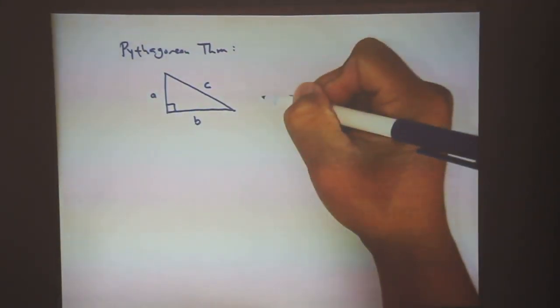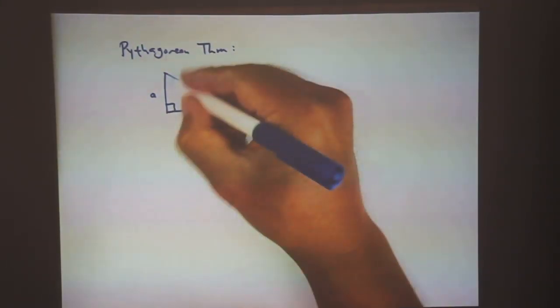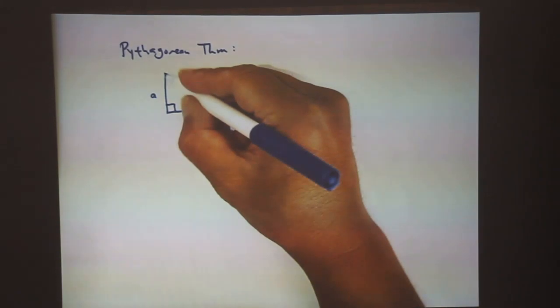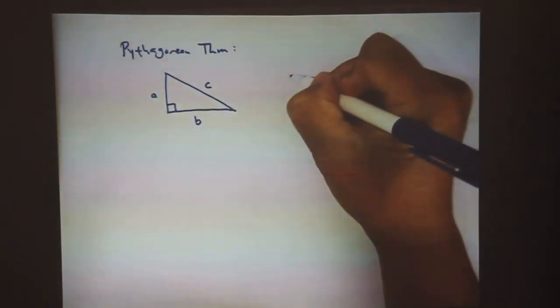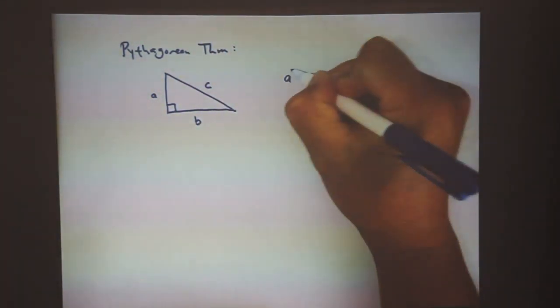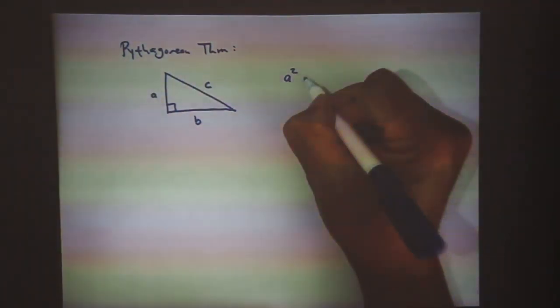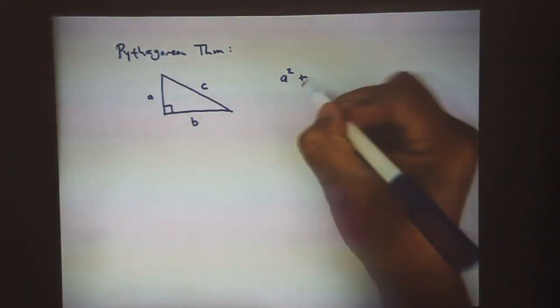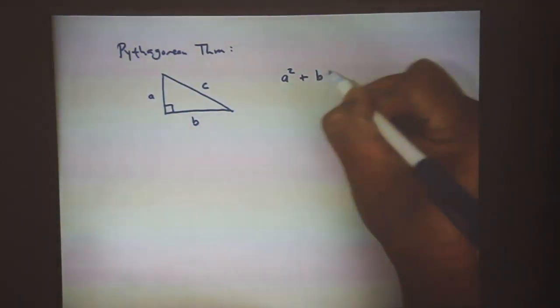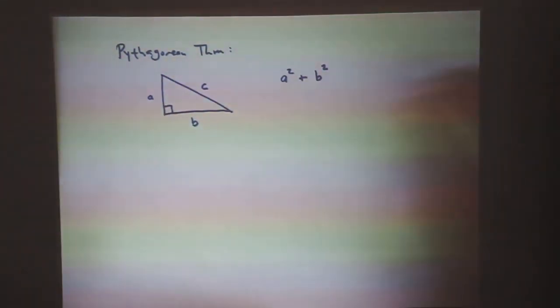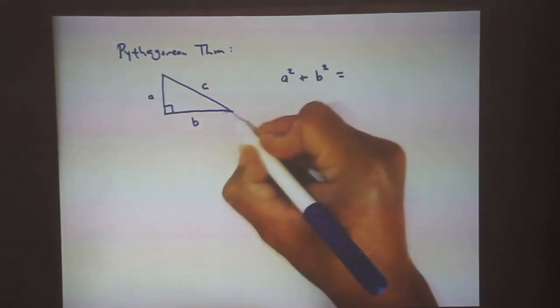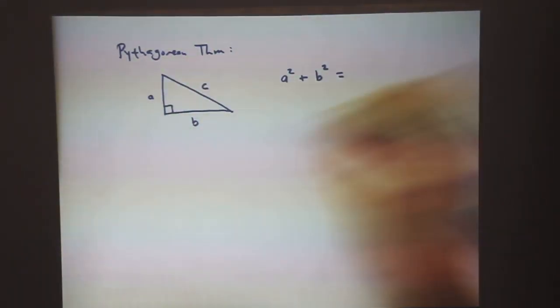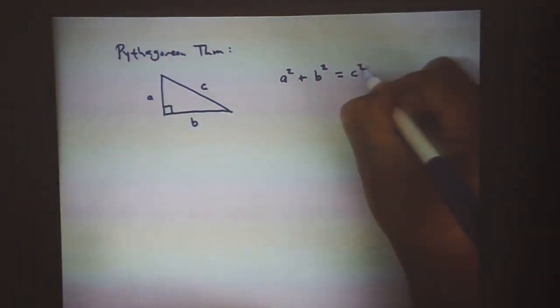And the Pythagorean theorem says that if we take the length of this first leg, so the length side A, and square it, and then add it to the length of the second leg, we'll call that side B, little b, and square it, it is equal to the length of the hypotenuse squared.